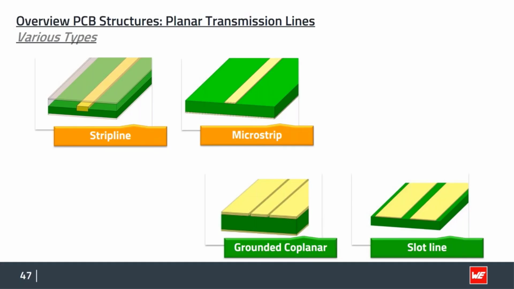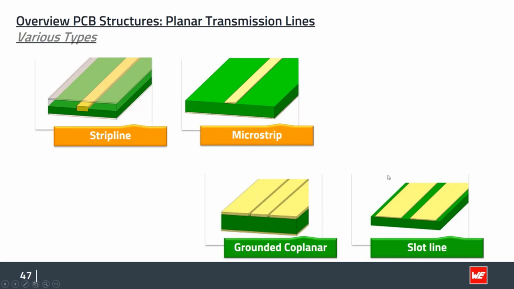Then we have the microstrip, which is very popular, especially for patch antennas, where we have one RF layer on the top side, and we have a separate ground plane on the opposite side of the PCB. So it's a two-layer system. We have the grounded coplanar waveguide, which is on the RF side. You have the transmission line, and you have the guiding ground planes beside left and right, and below that you have an additional ground plane.